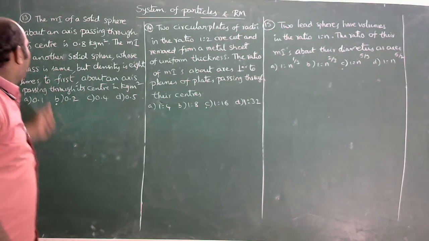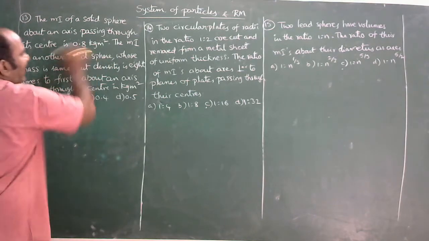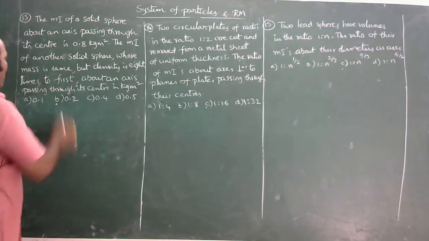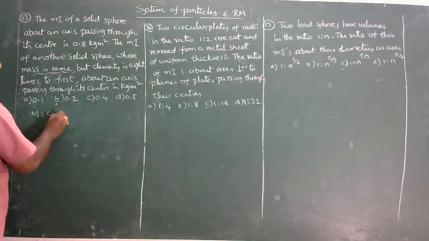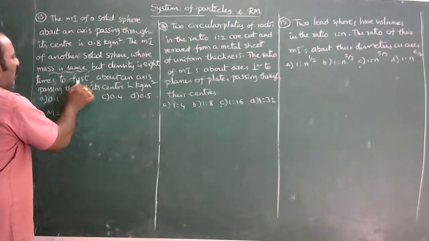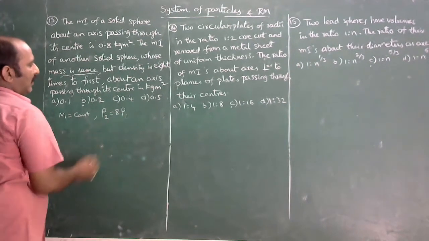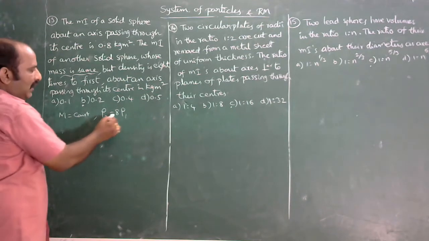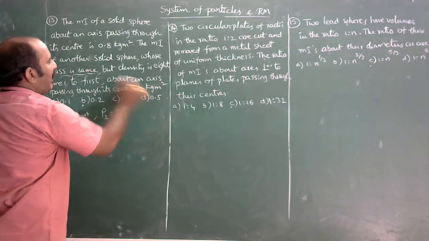See next one. The moment of inertia of a solid sphere about an axis passing through its center is 0.8 kg meter square. The moment of inertia of another solid sphere whose mass is the same, that means mass is constant here, but density is 8 times the first, that means rho 2 is equal to 8 into rho 1, about an axis passing through its center in kg meter square.